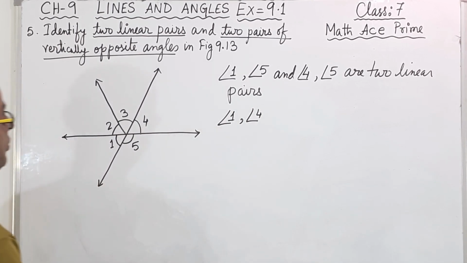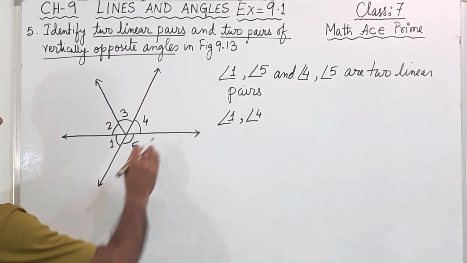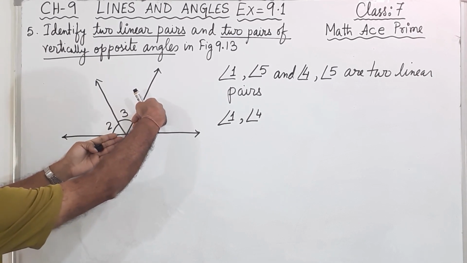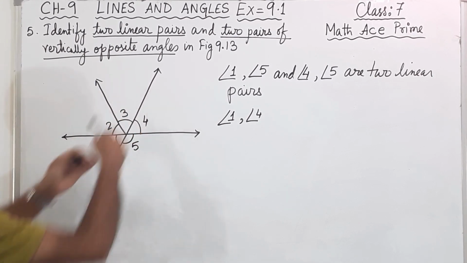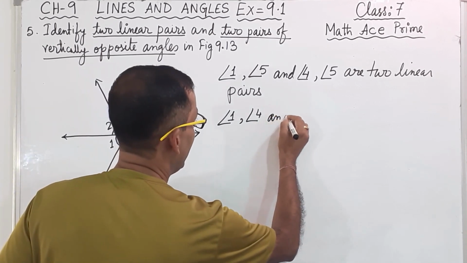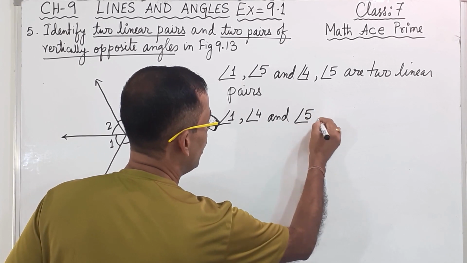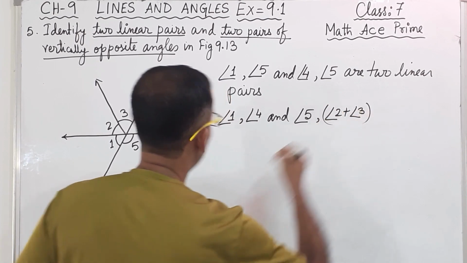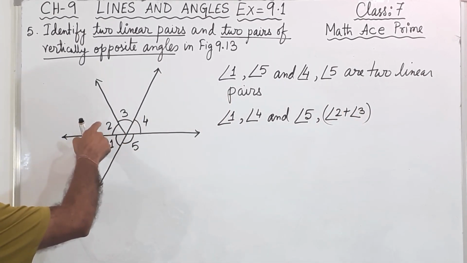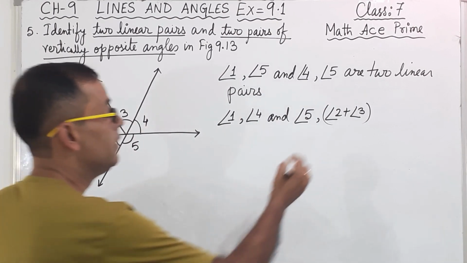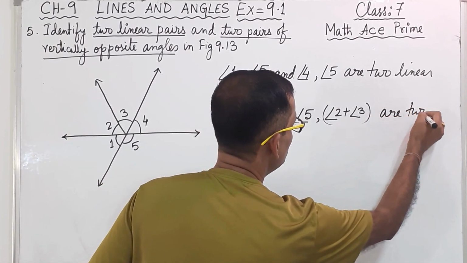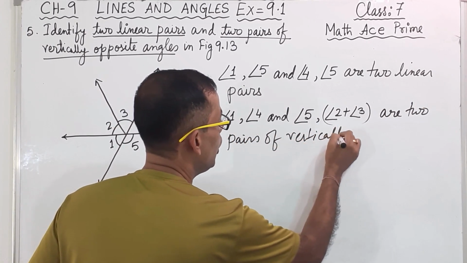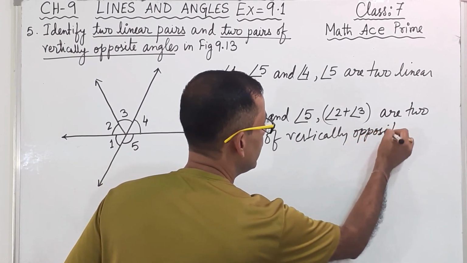And then another one, if you see nicely, so angle 5, okay, forget about angle 1 and angle 4, then what can you see? Angle 5 is vertically opposite to which one? Angle 2 and angle 3 together. So what I can say, angle 5 and angle 2 plus angle 3, this one together, angle 5 vertically opposite to 2 plus 3, are two pairs of vertically opposite angles.